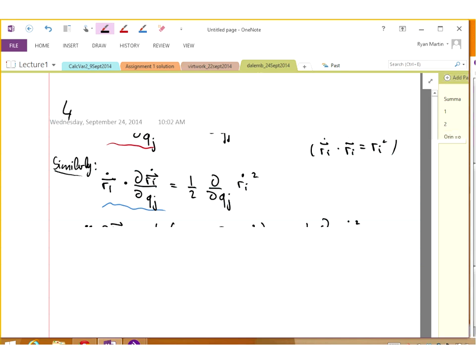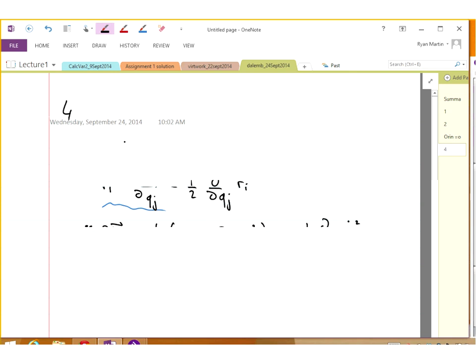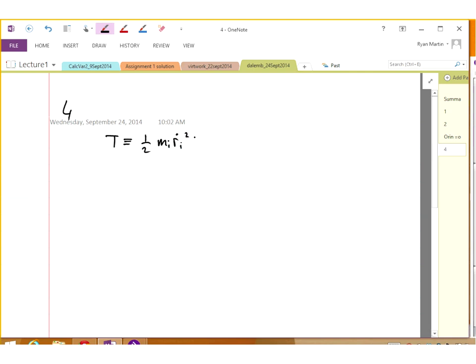Okay. So let me introduce a new quantity. I'm going to call it T, and I'm going to define it to be a half m_i r_i dot squared.